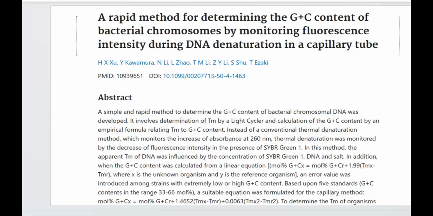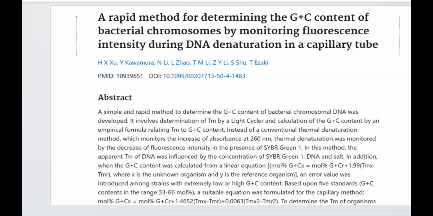In addition, when GC content was calculated, see the linear equation that is used: mole percent of G plus C(x) is equal to mole percentage of G plus C(r) plus 1.99 times (Tm(x) minus Tm(r)). You are seeing here suffixes x and r. In the earlier equation you had only Tm, with m as a suffix, but here you have GC(x), Tm(x), Tm(r).